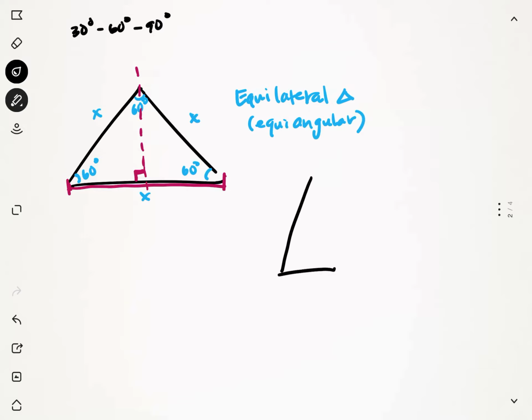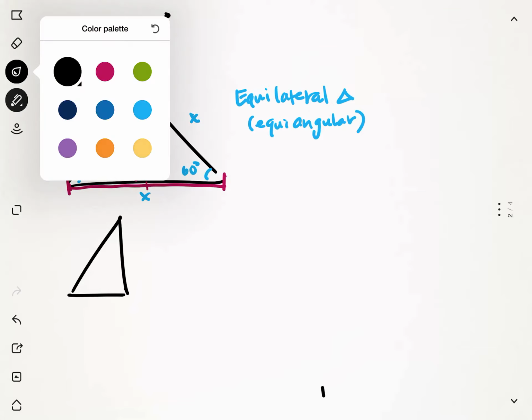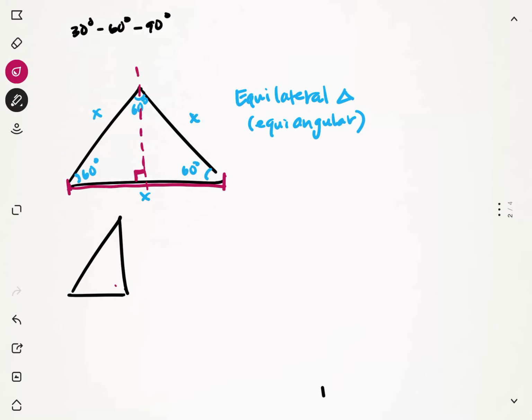Oops, not very nice. Let's draw one triangle out of this. Alright, so notice that this is our right angle.